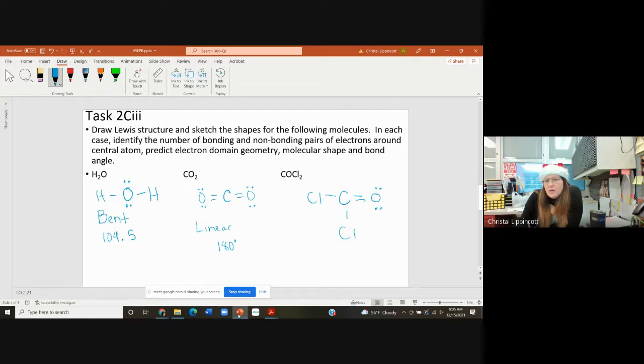So this is 3. And are there any lone pairs? So what is the shape here? Trigonal planar. And its bond angle is 120 degrees.